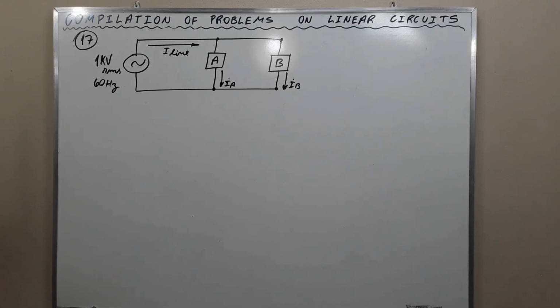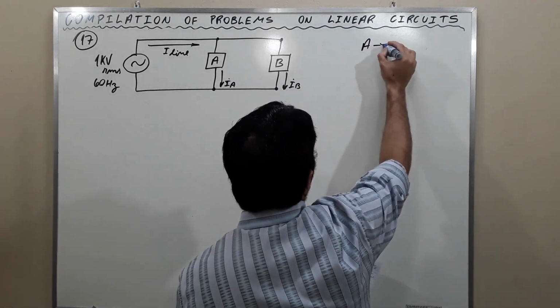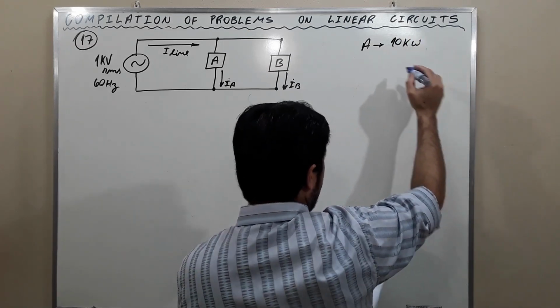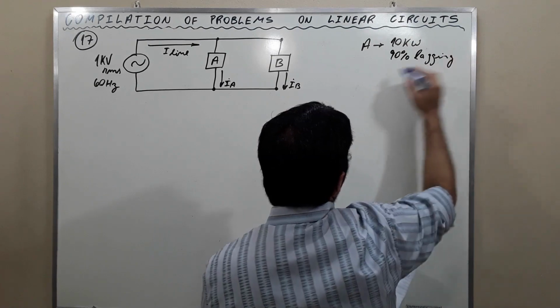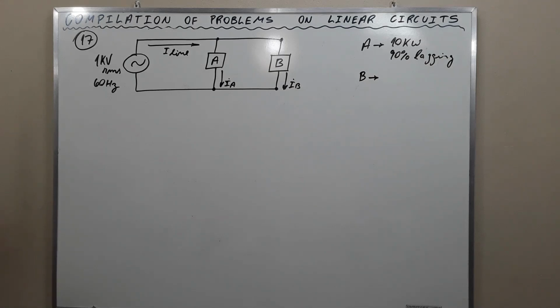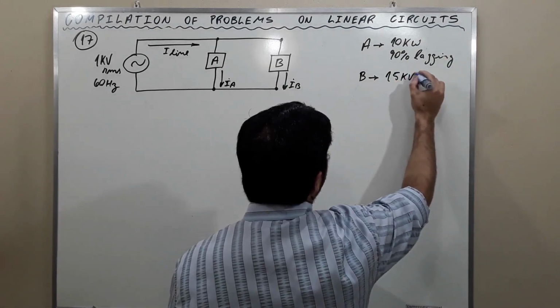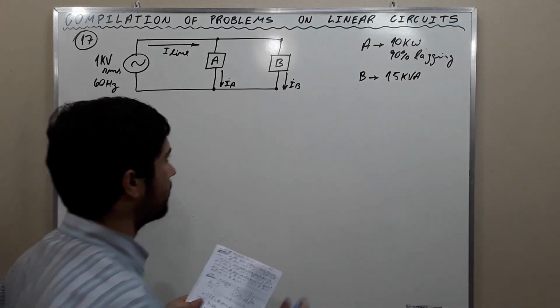Load A consumes 10 kilowatts with a 90% lagging power factor, while load B has an apparent power of 15 kVA with an 80% lagging power factor.